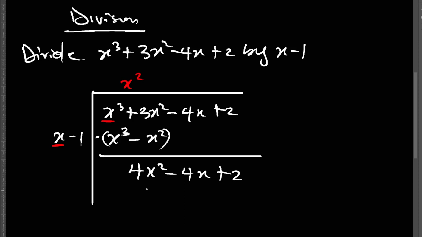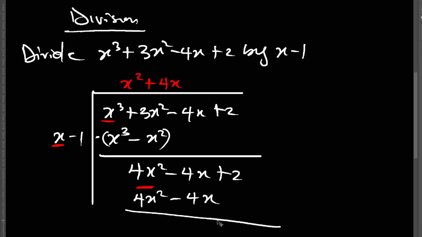Now you have to think of a number that will multiply this same x to give you 4x squared. That number is going to be plus 4x. Plus 4x times this gives 4x squared, then minus 4x. Can you see that? So just take the difference.